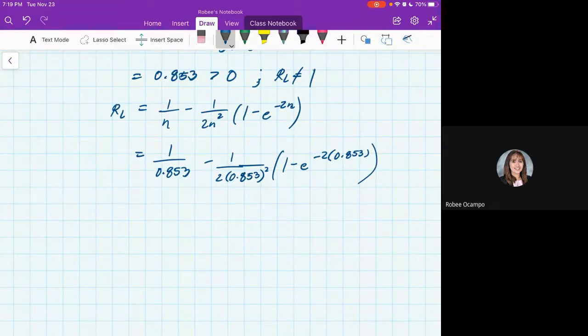So, ilan to? 0.61 po. Okay, so this is 0.61.